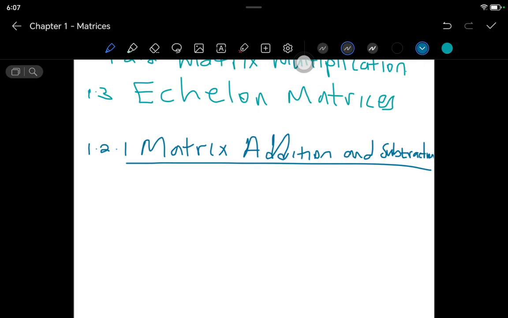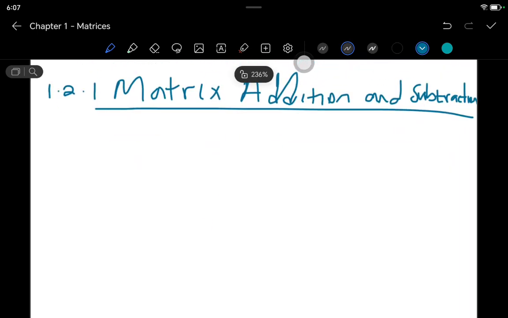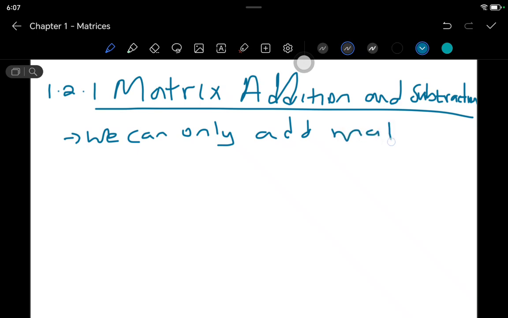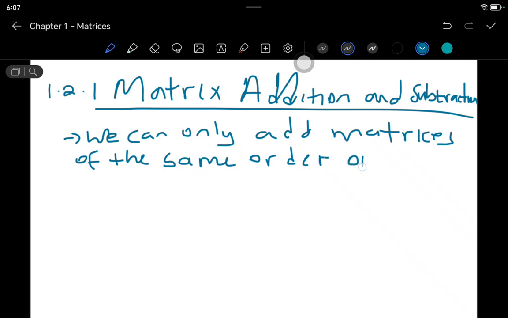When we think of matrix addition and matrix subtraction, what we should know is that we can only add matrices of the same order, or size.